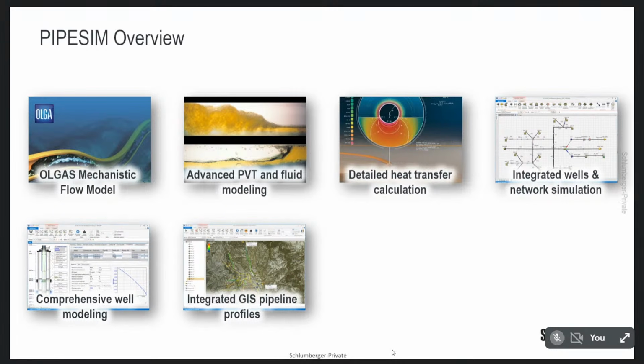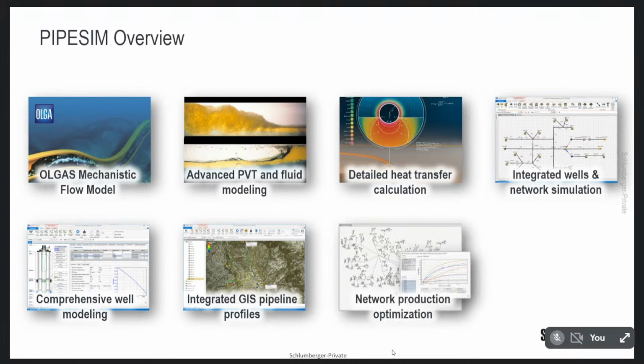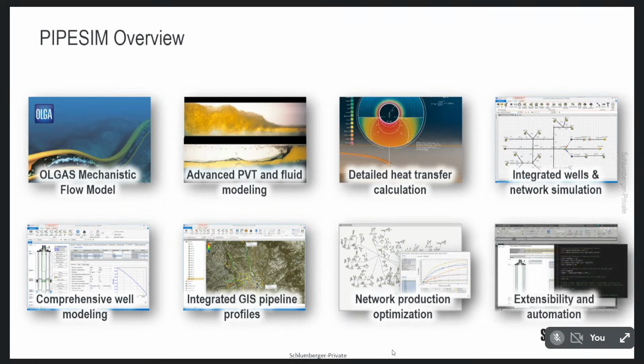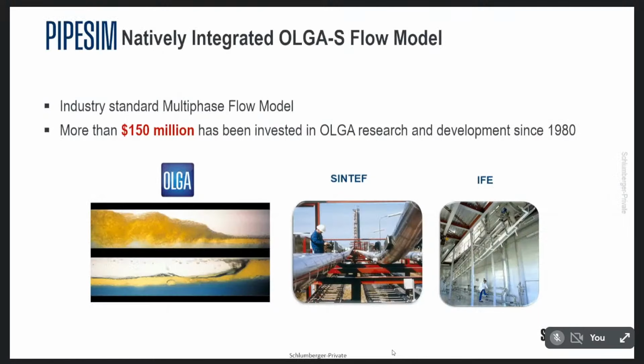And again, GIS stands for Geographical Information Systems, network production optimization. And finally, we have what we call extensibility and automation, in which you can interact with the software without opening the user interface. Let's talk a little bit about each of these functionalities.